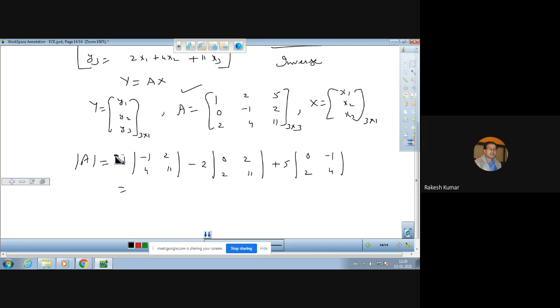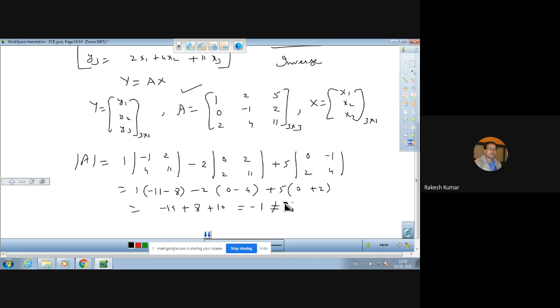Let us find the value of the determinant of A. So this is -11, -8, -2, 0, -4, plus 5, 0, plus 2. So it comes out to be -19 plus 8 plus 10, so it comes out to be -1.